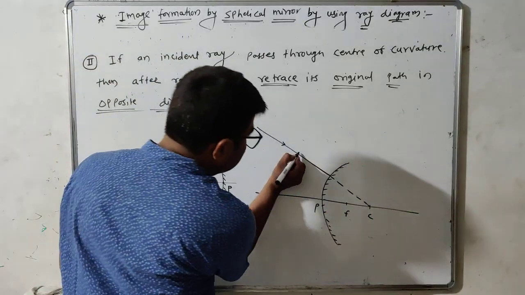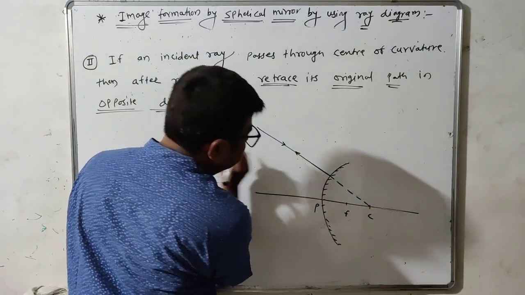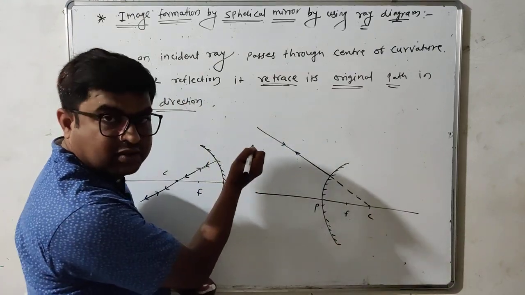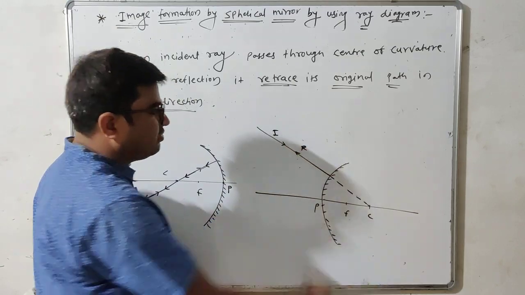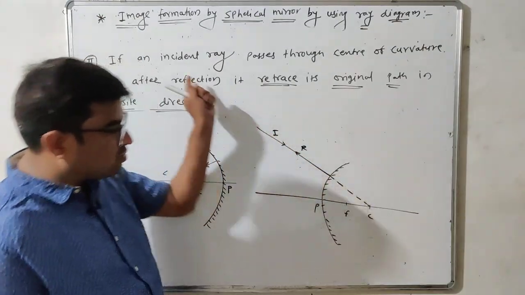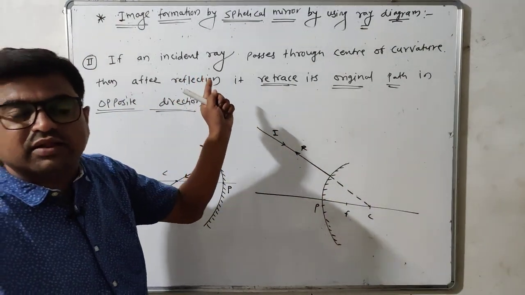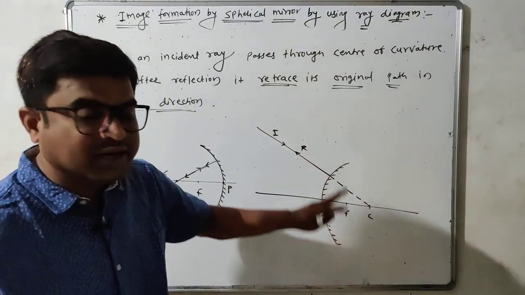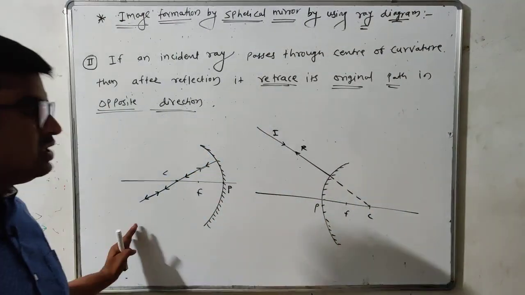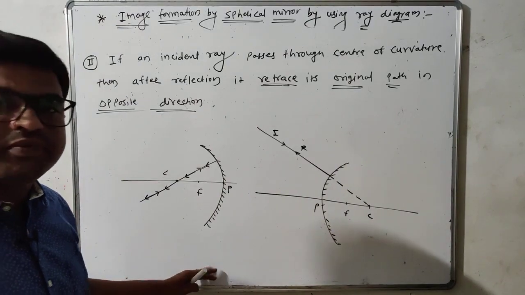So after reflection, this light also travels the same path in exactly the opposite direction. This is the incident ray and this is the reflected ray. It will reflect like this, same path in opposite direction. Why? Because it is incident normally. Understand?